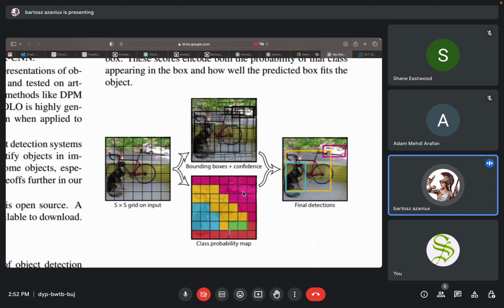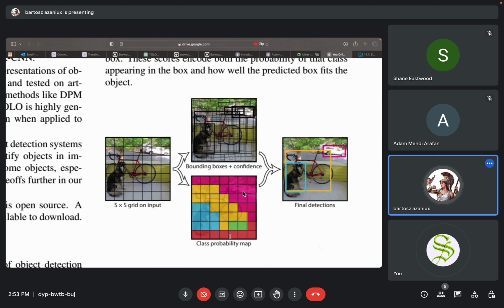And this is, I think, the reason why it struggles to find multiple small objects, because if there are two tiny objects inside this tiny grid cell, naturally the confidence will be very high, and the class probability will probably be correct. But because there is only one prediction for that grid cell, there is only going to be one bounding box, and that bounding box could be correct, but it's just one box.